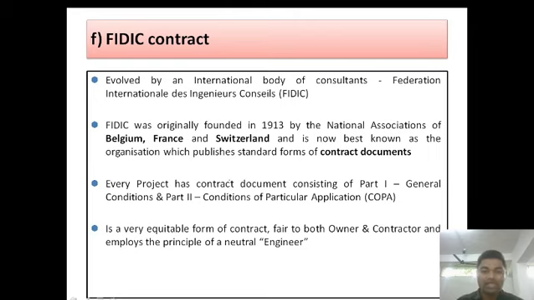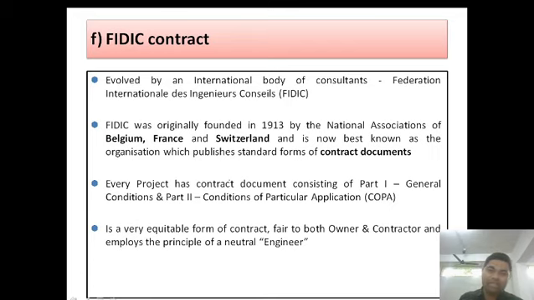Every project has a contract document consisting of part 1, which consists of general conditions, and part 2, conditions of particular application. It is a very equitable form of contract, fair to both owner and contractor, and employs the principle of a neutral engineer. What do we mean by neutral engineer?